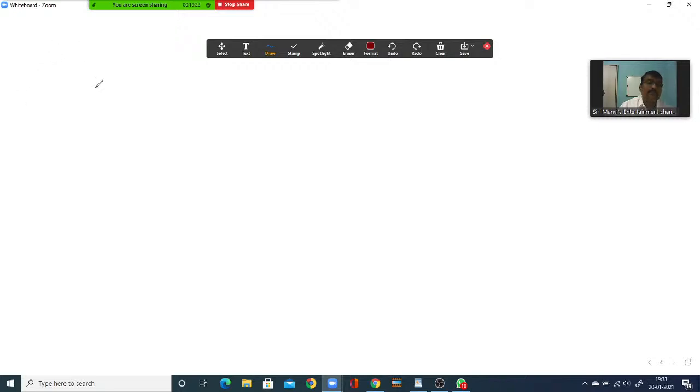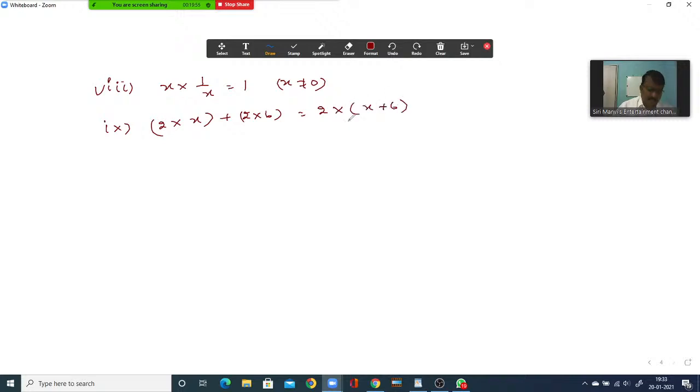So the eighth one is x into 1 by x is equal to 1, x is not equal to 0. Next, the ninth one is 2 into x plus 2 into 6 is equal to 2 into x plus 6.